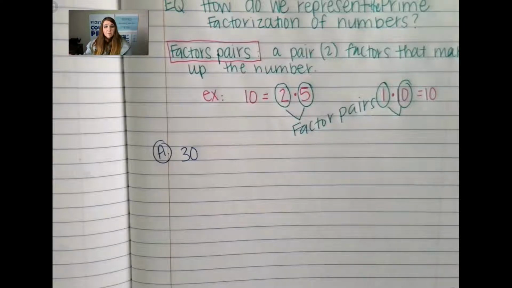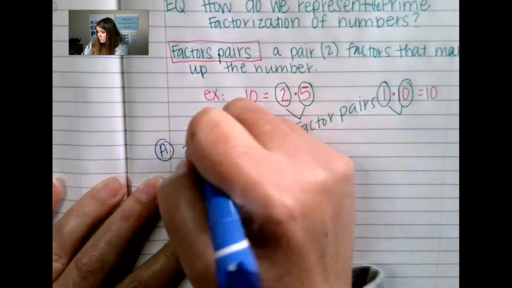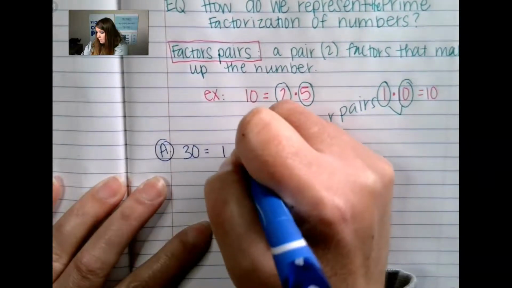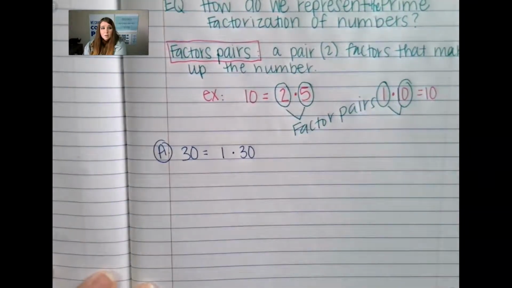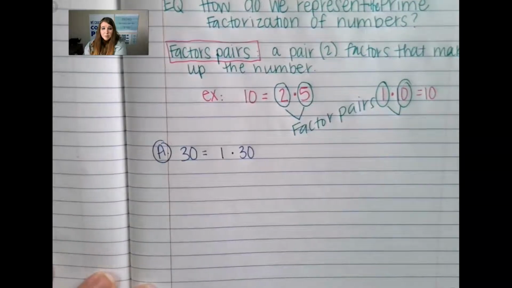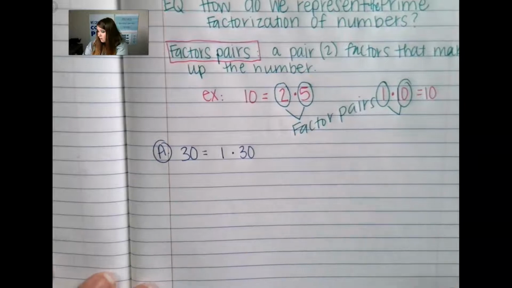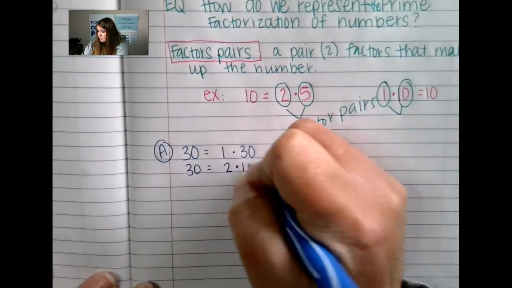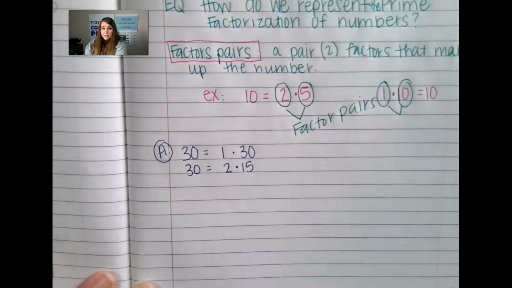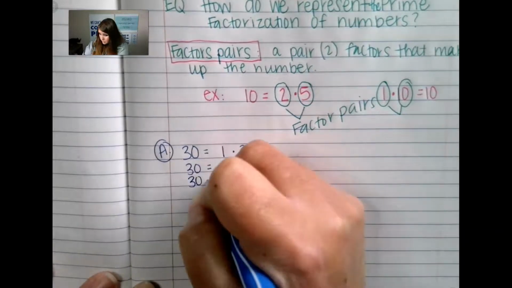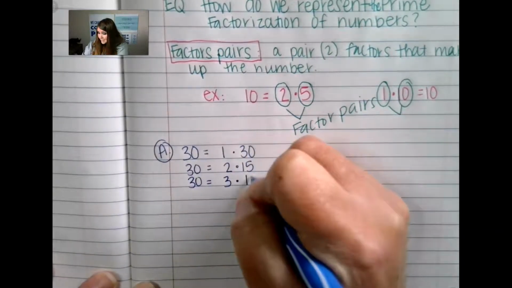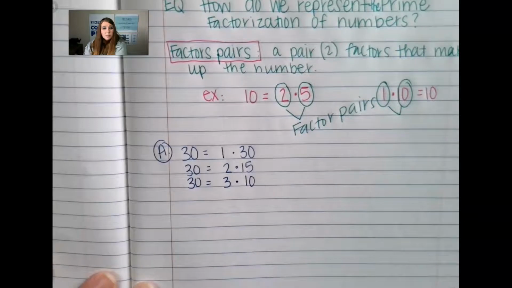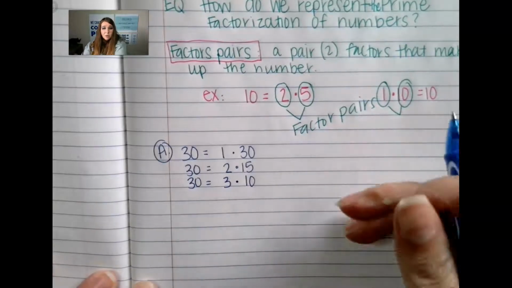You could have those instrument players be in a row of 1 by 30, so one row of 30 instrument players. You could also have a row that is 2 by 15 players. You could also have a row that is 3 by 10 players. So you could put these people in these different rows.